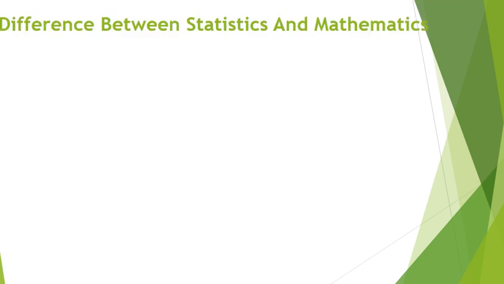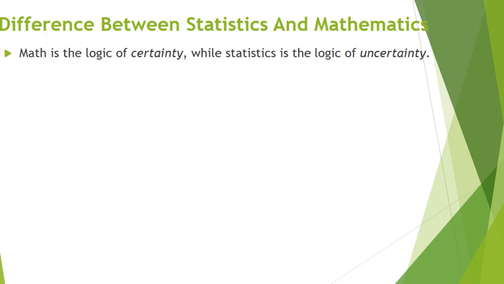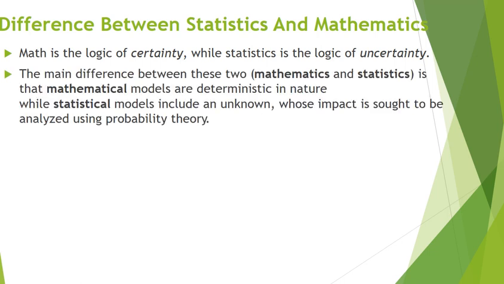What are the major differences between statistics and mathematics? Math is the logic of certainty, while statistics is the logic of uncertainty. Mathematical laws are accurate, or we can say that they are exact, sure, but statistical laws are not certain because they rely totally upon facts and figures.